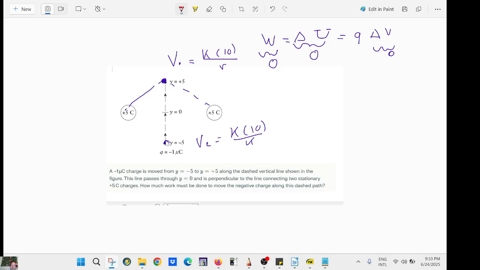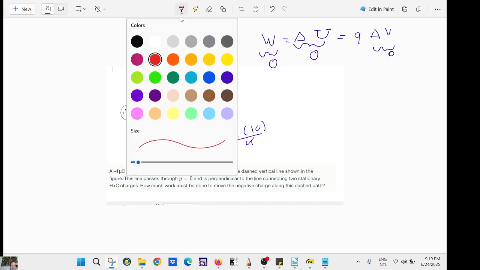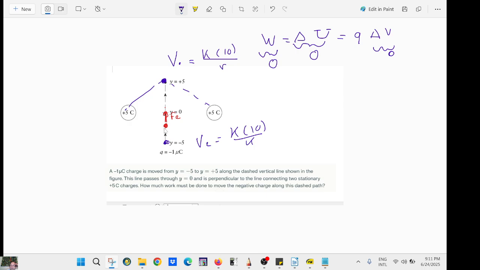The electric force: you want to look at the work that you are doing moving this charge from here to there. On the way here, this charge, which is negative, wants to go in this direction. That will be the electric force, and you have to do negative work.